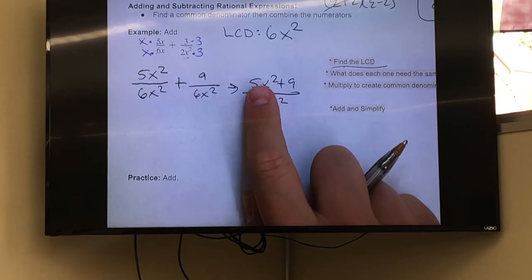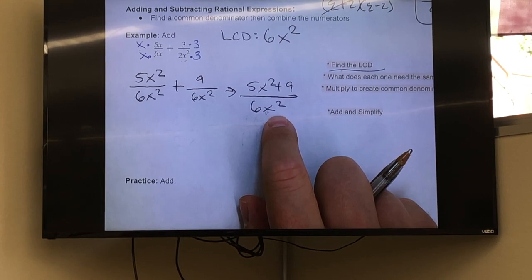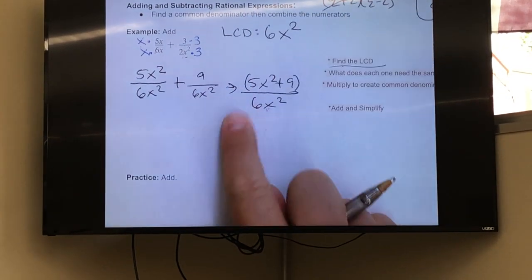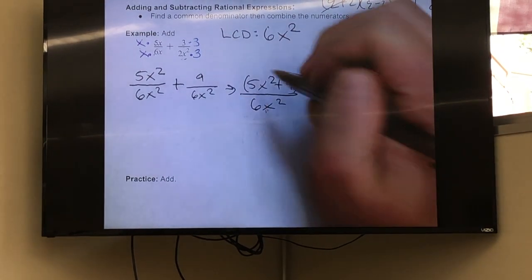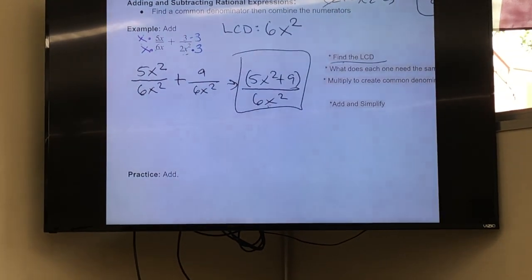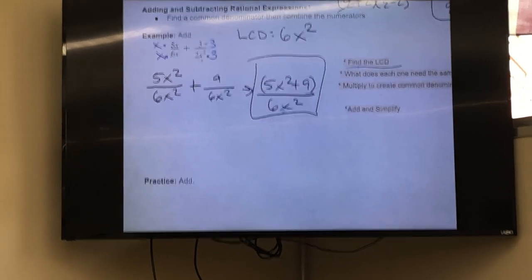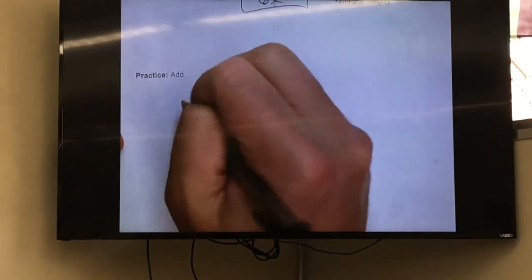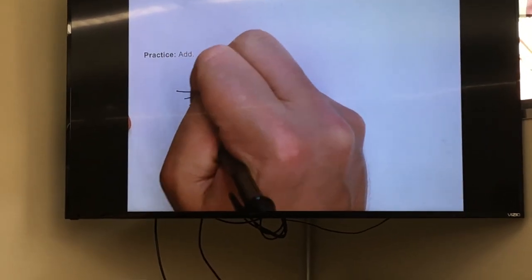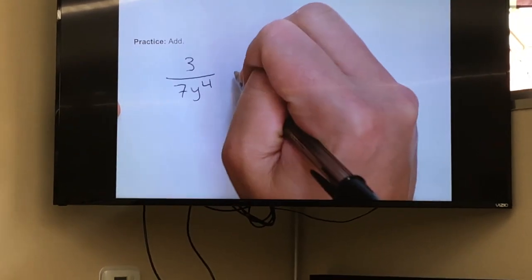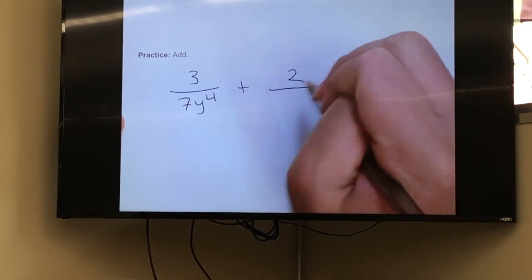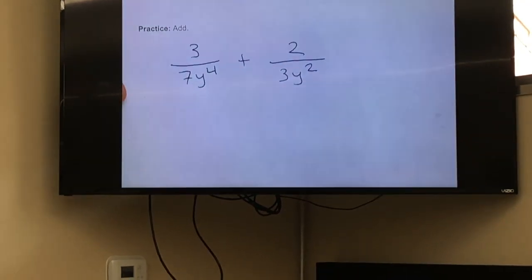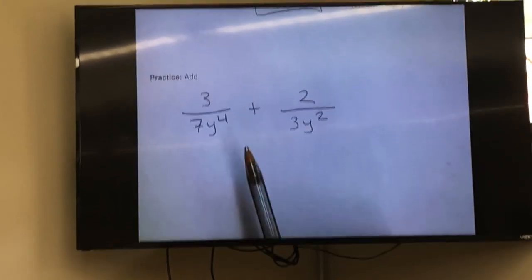This x squared and this x squared cannot cancel because this is a pair. So as Miss May does a lot of times, put it in parentheses, they are together. So that is going to be our final answer. The practice problem that you're going to go ahead and do first will be 3 over 7y to the 4th plus 2 over 3y squared. All right, guys, go ahead and pause the video and give that one a shot.